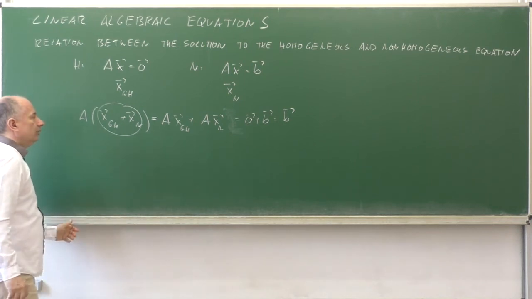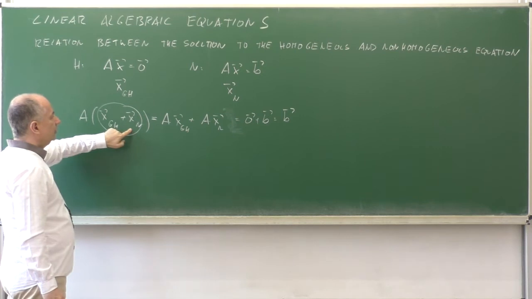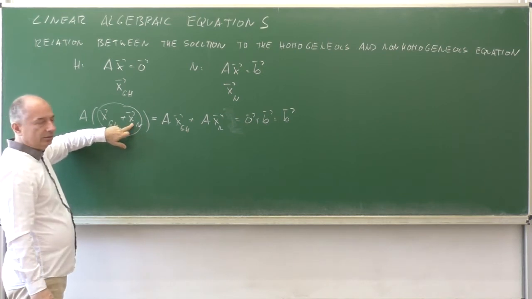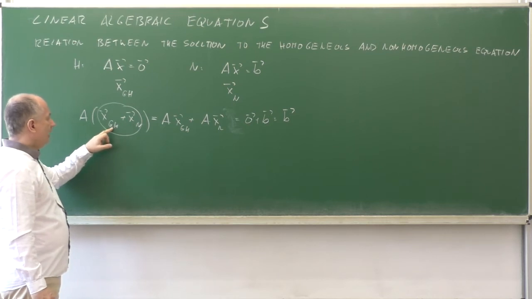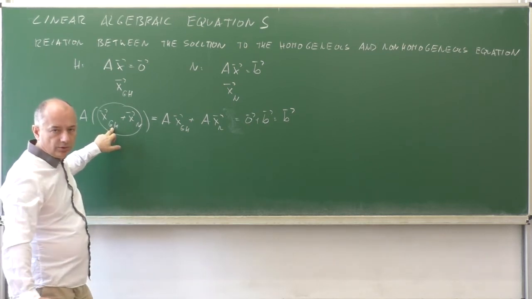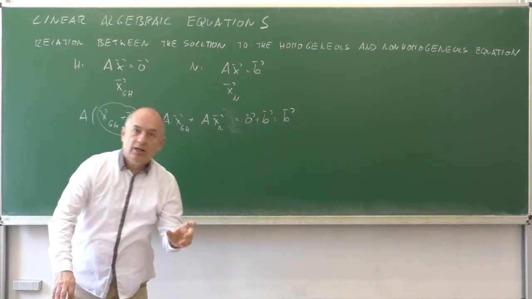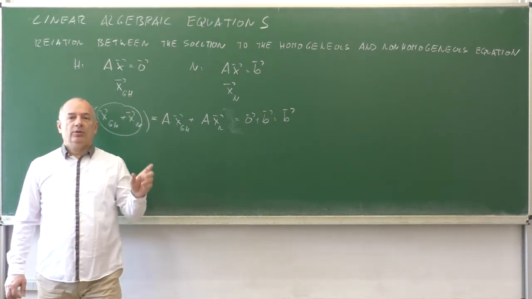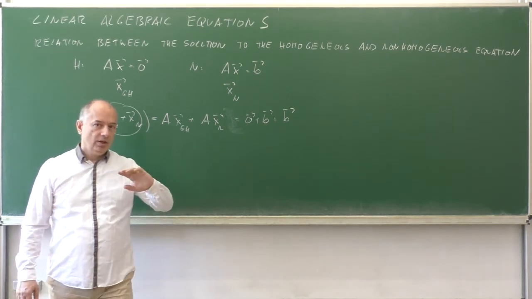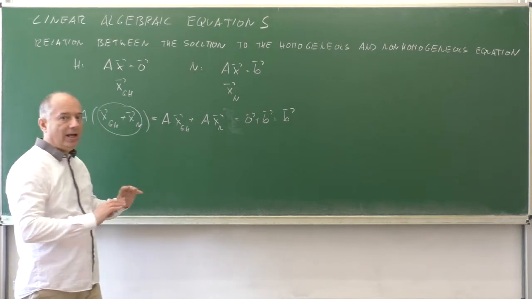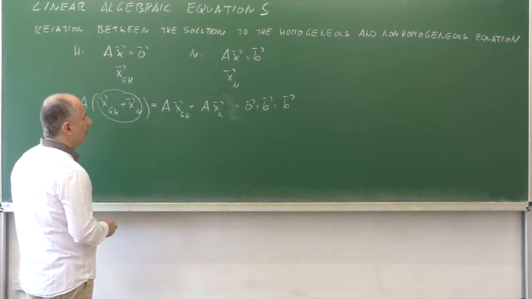And another important property is that if you take any particular solution to the non-homogeneous system, and add all the possible solutions to the homogeneous system, then as a result, you get all the possible solutions to the non-homogeneous system. We miss no other solution. We get everything. And this can be shown this way.